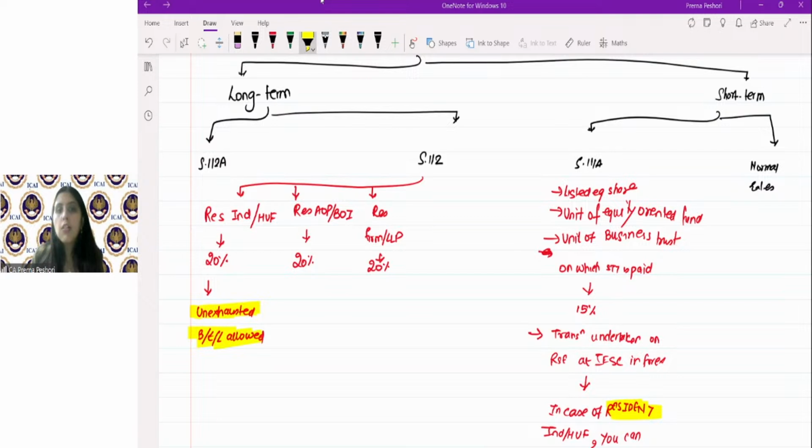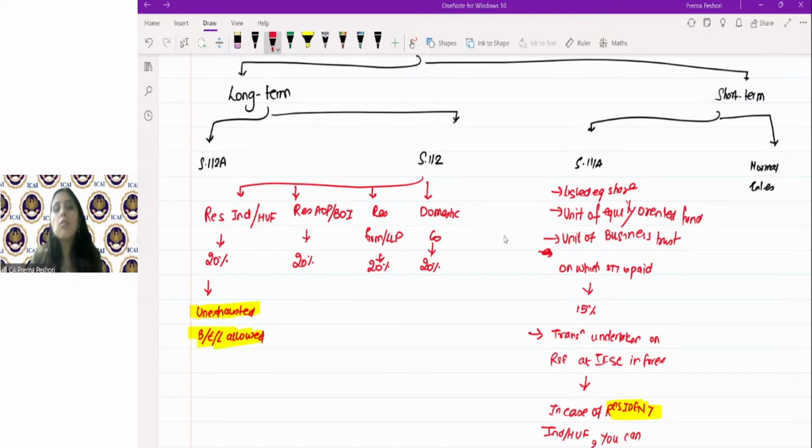Clear? For domestic company, it is again 20%. Domestic company is also 20%.